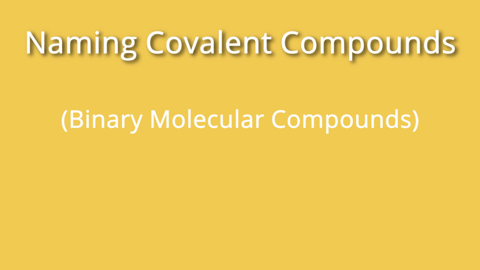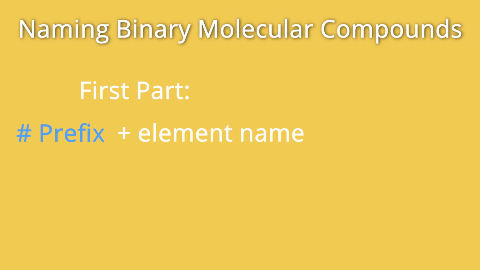There's two parts to name these. The first part is the first element and has a prefix based off of how many there are in the compound. And this is very similar to what we were looking at earlier with the hydrated salts, with the mono, the di, the tri, the hepta.